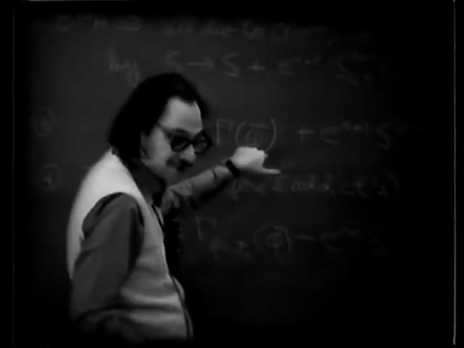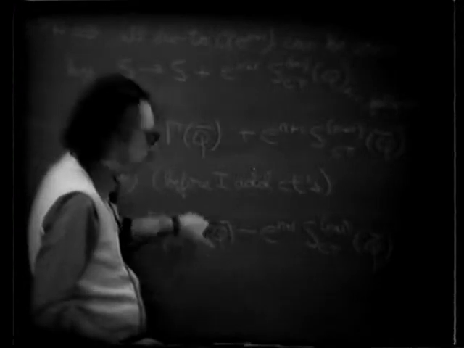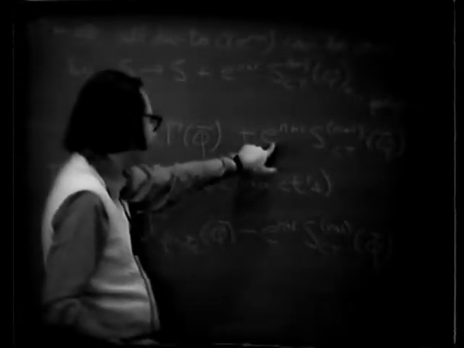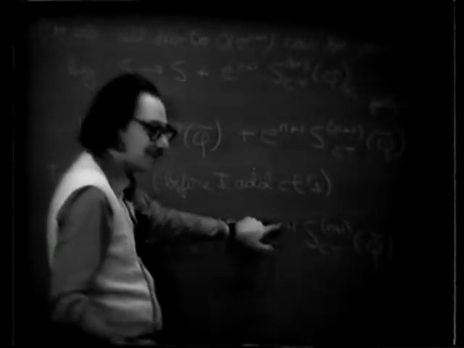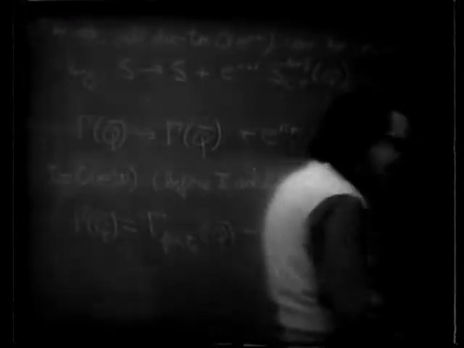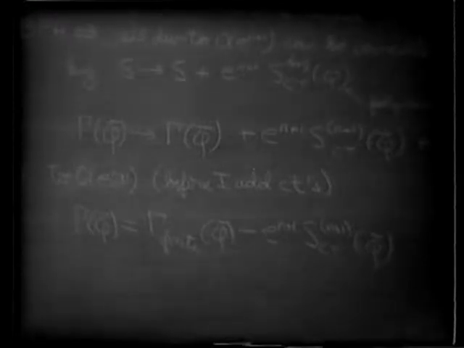All 1PI graphs are finite. And therefore, since I can get rid of all the divergences by adding this thing, which has cutoff-dependent coefficients, all the divergences must be of this form. Now we use the Ward identity.